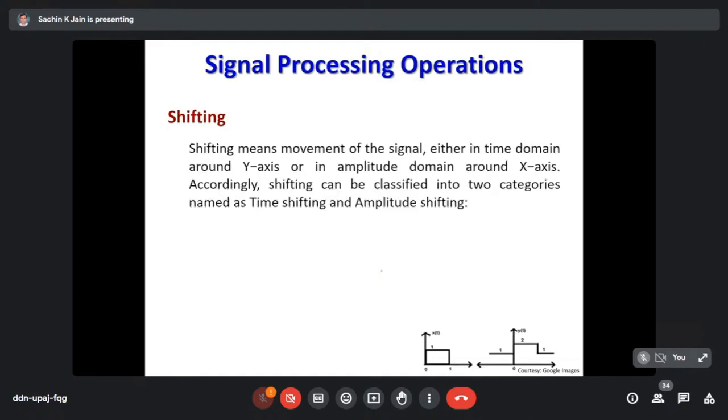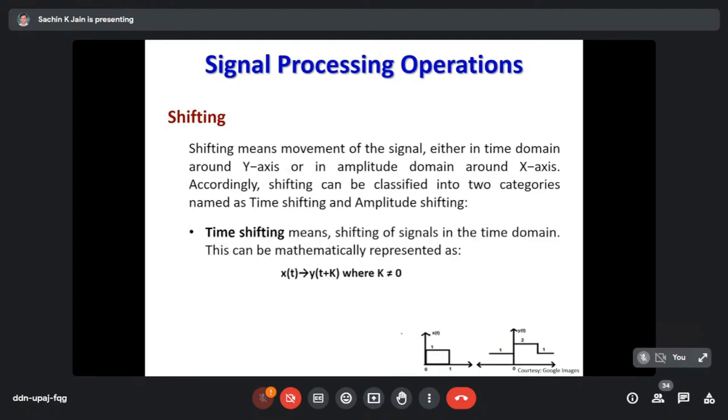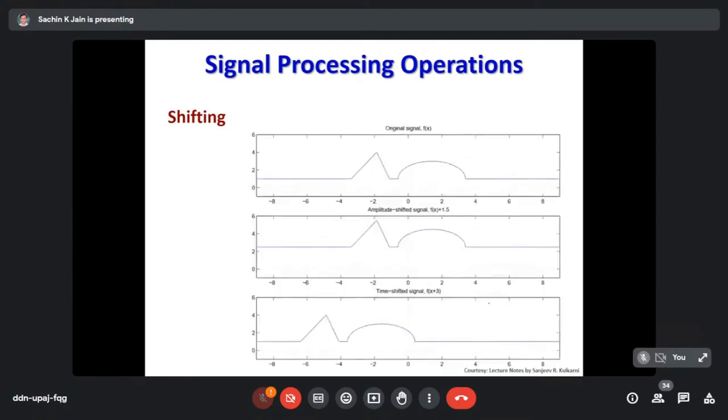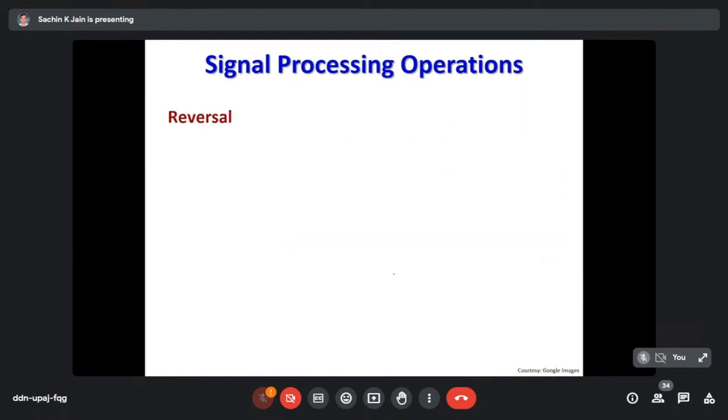Another operation is shifting, where we shift the signal. For example, this is amplitude shifting, and you can also have time shifting. In this example of amplitude shifting, the amplitude has been shifted by 1. From 0, it has been shifted to plus 1.5 or plus 3, and that's how we have designated it.